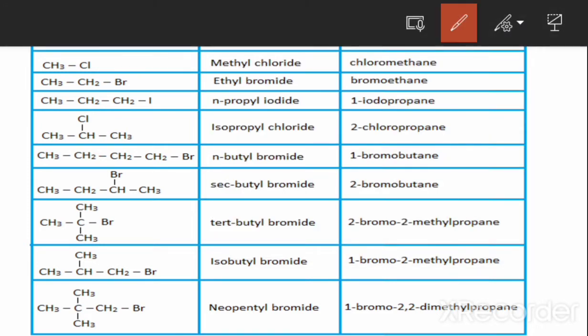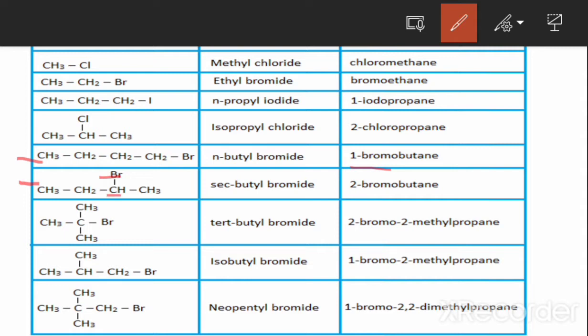So the next example is a 4 carbon chain, and this is the simple chain, that is n-butyl bromide, and its IUPAC name is 1-bromobutane. The other example of a butane is the halogen that is attached to the second carbon of the chain.